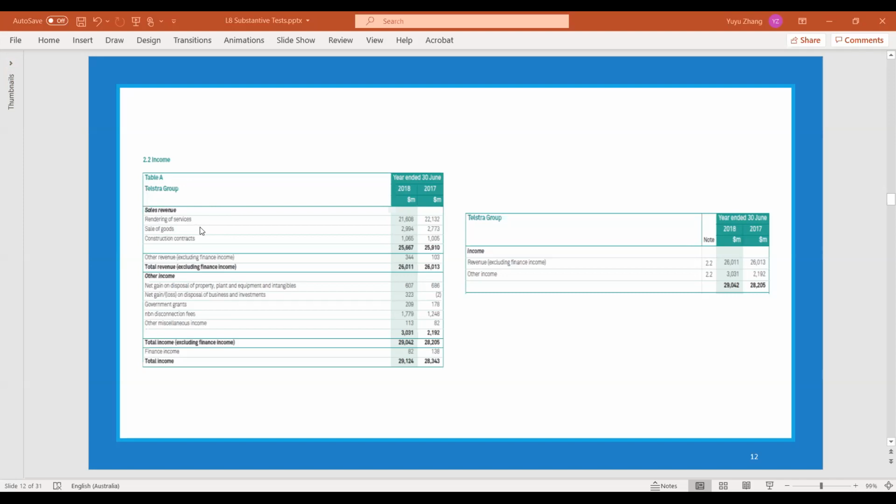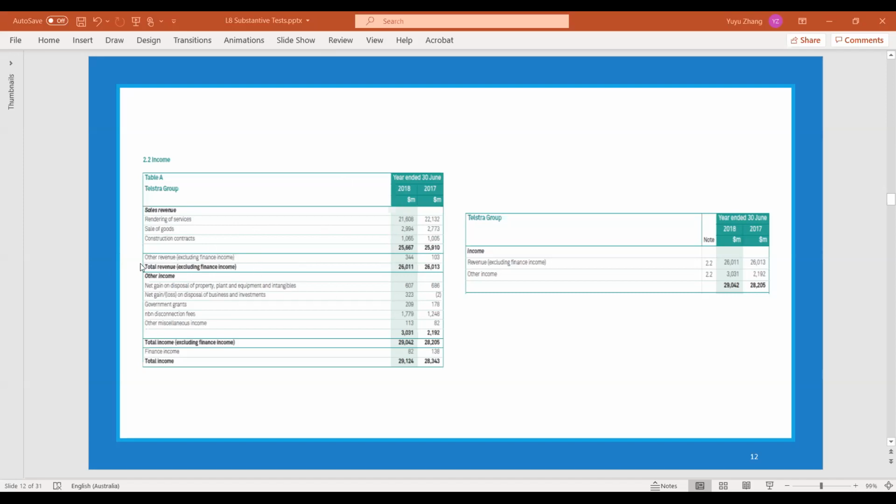I have no question mark on that. They also got sales of goods, because we understand in their business, actually sometimes they also provide those associated goods to support the service. They also have some construction contracts, but the percentage is not very high. So the overall composition of the sales revenue seems okay to me.